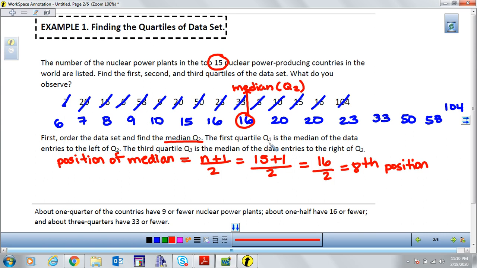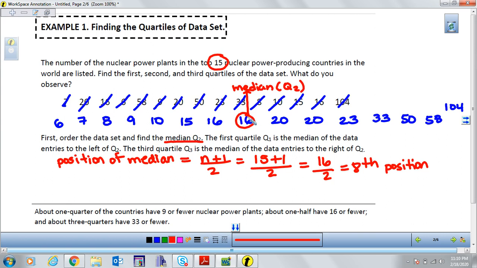The first quartile is the next thing you're going to find. The first quartile is the median of the data entries to the left of the second quartile. So with what you have done right now, identifying this number as the median, count how many values are to the left-hand side of the median: 1, 2, 3, 4, 5, 6, 7. Count how many values are to the right-hand side of the second quartile or the median: 1, 2, 3, 4, 5, 6, 7. And that's the way it's supposed to be.